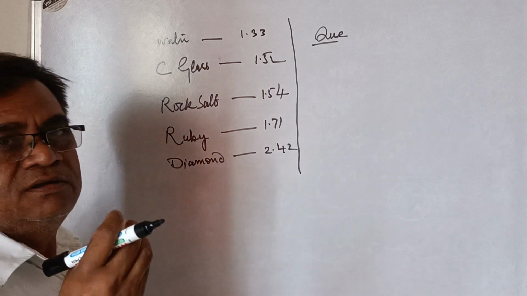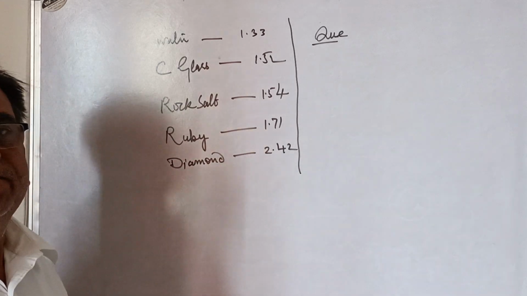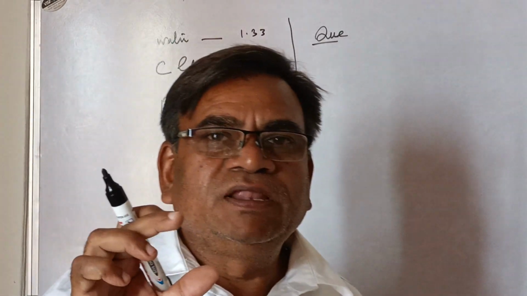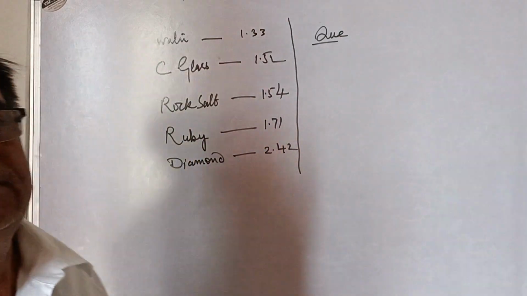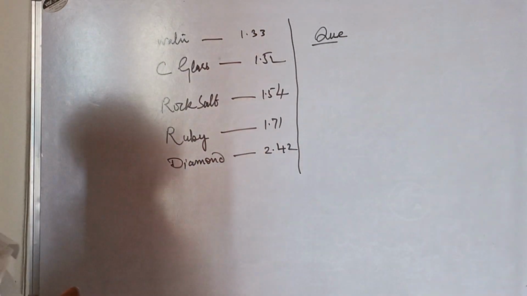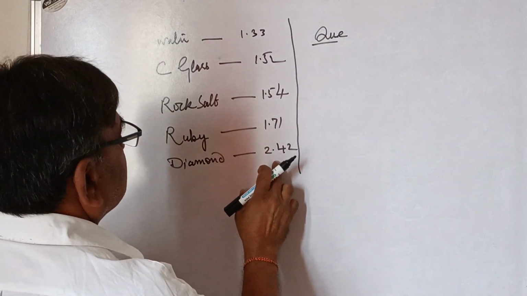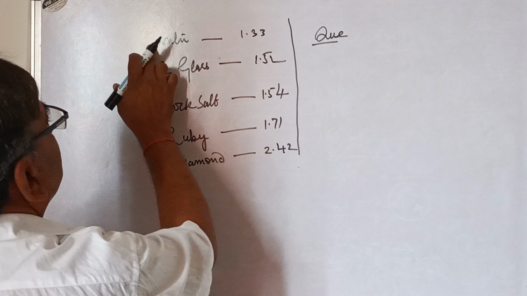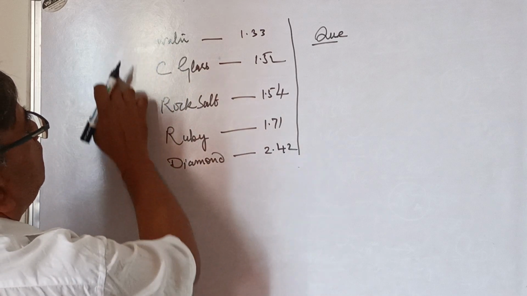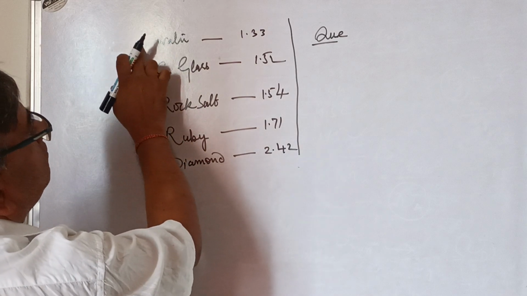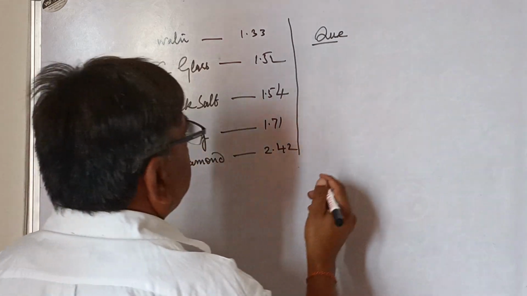So take two media, one having a lesser value of n and one a greater value. Diamond has the greater value, and water has the very low value of n.